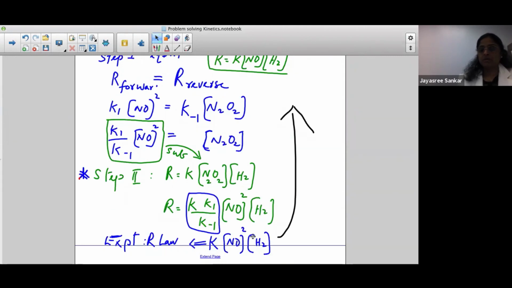Now I have my experimentally determined rate law. So my assumption was right. Step 2 is the rate determining step. Based on the rate law from step 2, I can substitute for N2O2 from step 1. And I have the experimentally determined rate law matching up with what I derived.